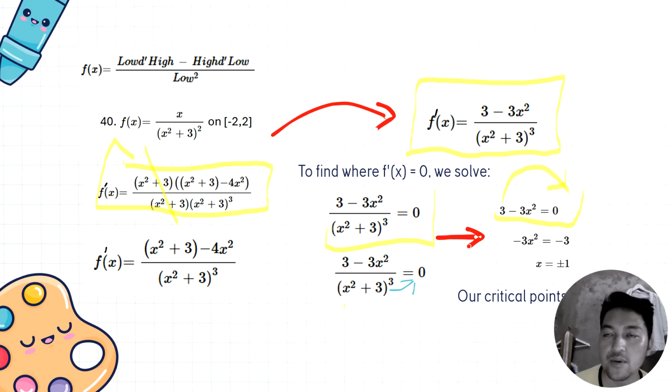Then we divide both sides by negative 3, and we have x squared equals 1. To get rid of the square, we take the square root, so we have x equals positive and negative 1. That's going to be our critical points.